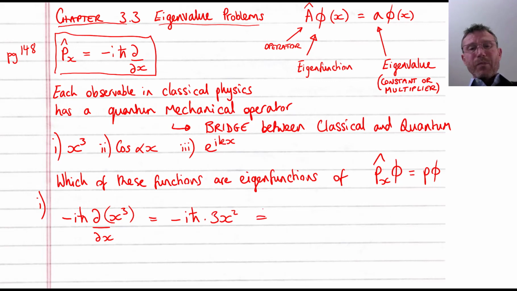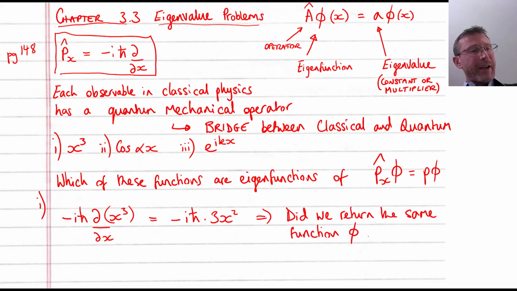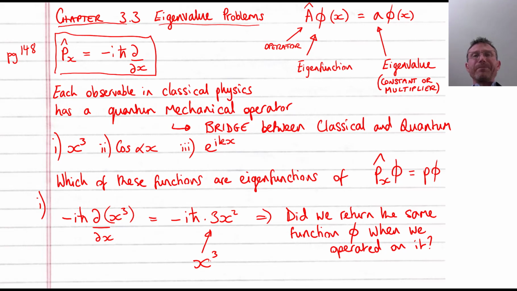When we're tackling these questions, we ask ourselves, did we return the same function, in this case phi, when we operated on it? What we can see here is that no way have we returned an x cubed. So we conclude that no, x cubed is not an eigenfunction.